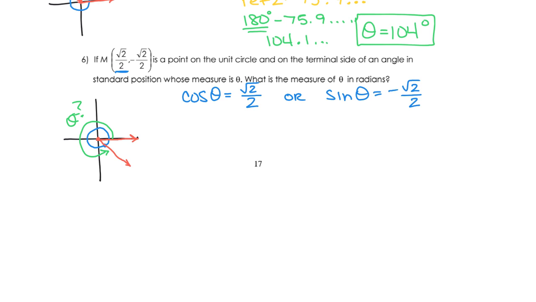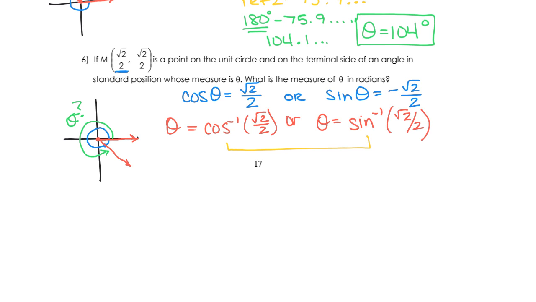We have two ways of solving for theta, so we could say theta equals cosine inverse of square root of 2 over 2, or we could say theta equals sine inverse, but no negative, square root of 2 over 2. No matter which one of these we typed in, we should end up with a reference angle equal to 45 degrees. But remember, that's just our reference angle. It can't be our answer because this angle is way more than 45 degrees.